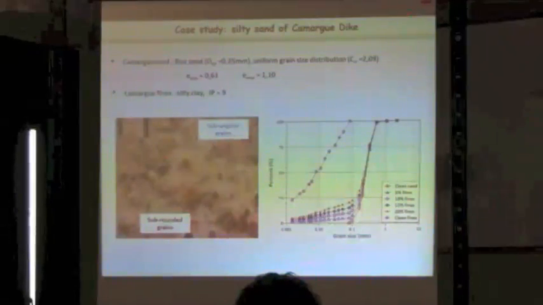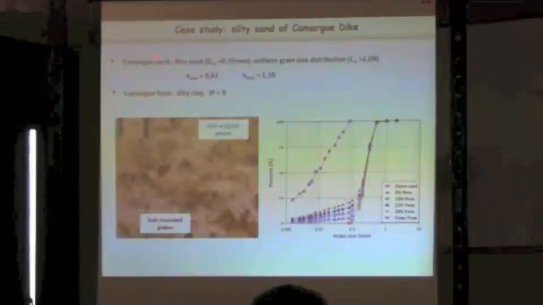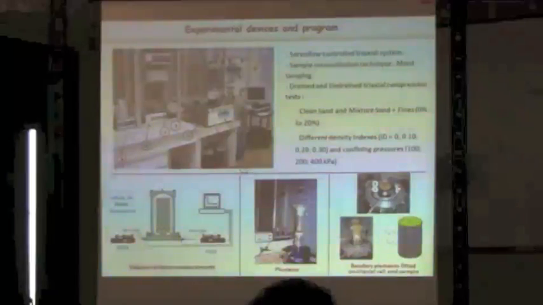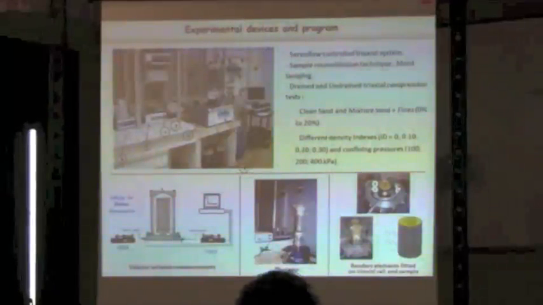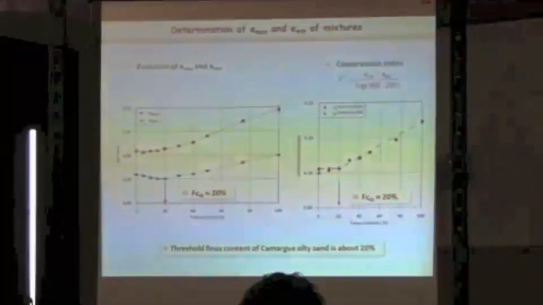Here are the grain size distributions of the pure fines, the clean sand, and different mixtures with fines content varying from 5% to 20%, which are used in our experimental work. The experimental device is this servo-controlled triaxial cell, and this small cell which permits us to measure the volume variation of the mixture, and also the compressibility of these samples.